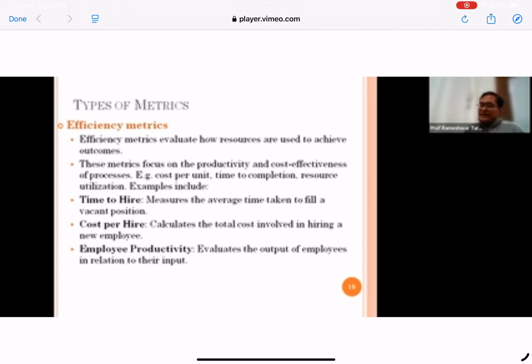Employee productivity evaluates the output of employees in relation to their input, how they are using resources. One of the issues: suppose time to hire, even if the definitions are the same, for company A is 40 days. Is it good or bad?